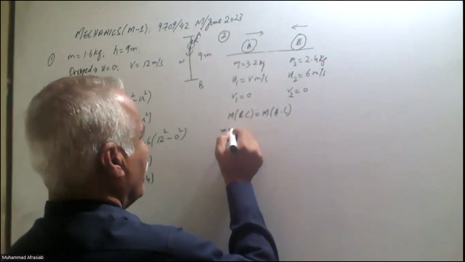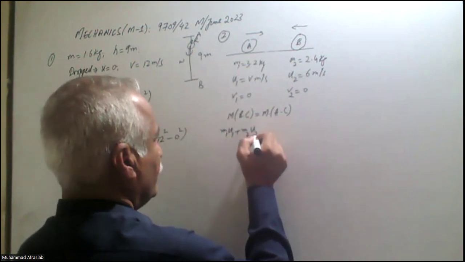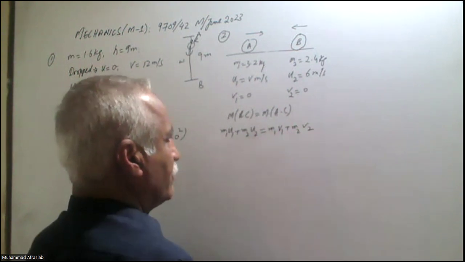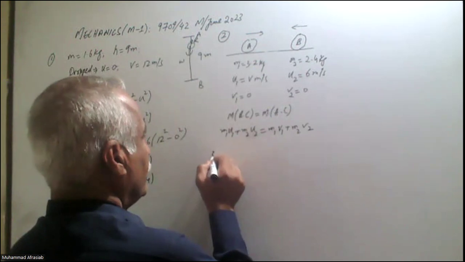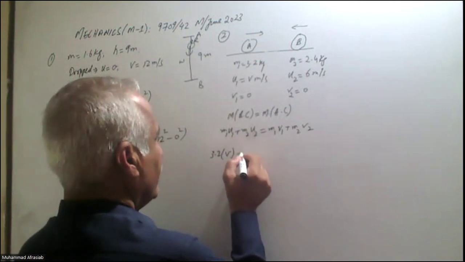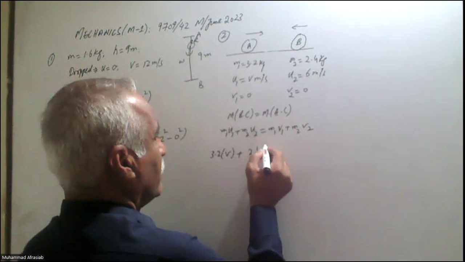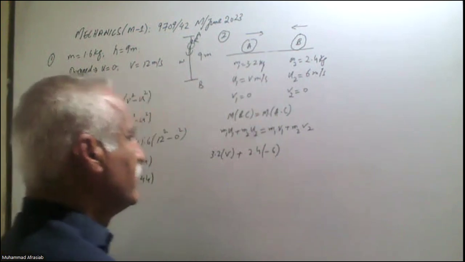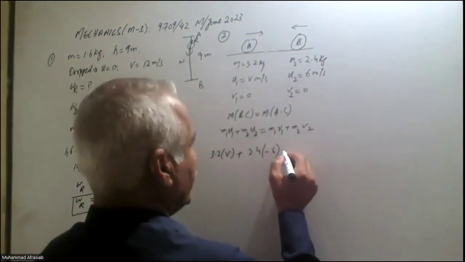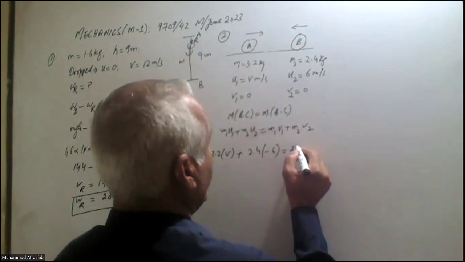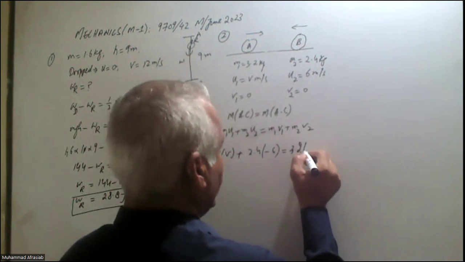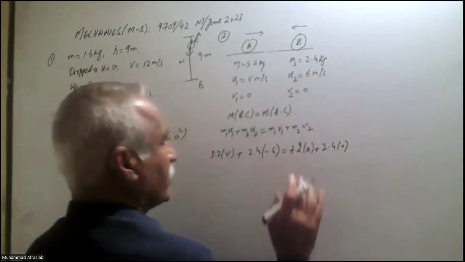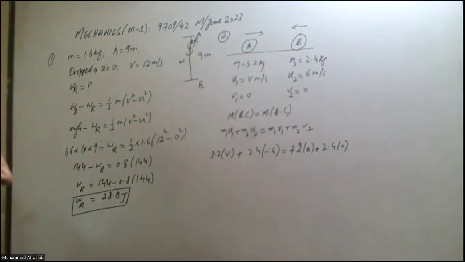And that is m1 u1 plus m2 u2 is equal to m1 v1 plus m2 v2. m1 is 3.2, velocity is v, m2 is 2.4, because it is moving towards A, its velocity will become minus 6, which is equal to 3.2 into 0 plus 2.4 into 0, because after collision they are going to be at rest.